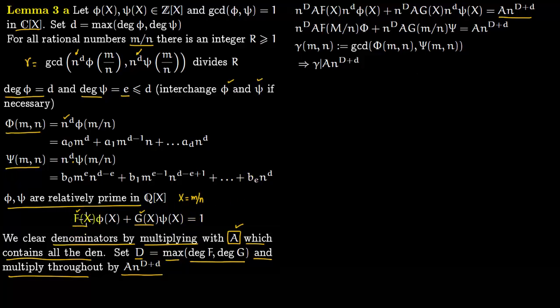Now again we are carrying f(x) and phi(x) like this. So f(x) and phi(x) are here, a is here, and this is n^D, and this is n^d. Again similarly here g and psi are here, and then we are just using this term a right here, small d here, and capital D here.